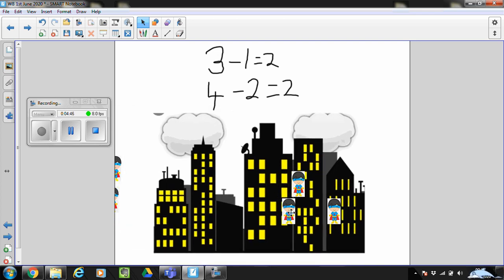Take your 4 superheroes away. How many have you got left? I'm going to challenge you now to see if you can write that as a number sentence. So we started with 5 superheroes, 4 flew away, and you have 1 left.